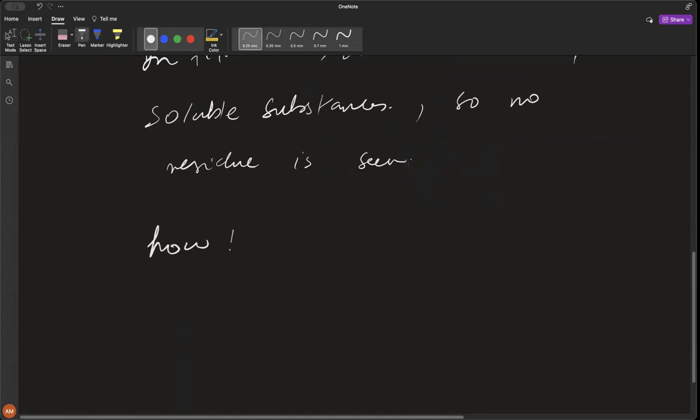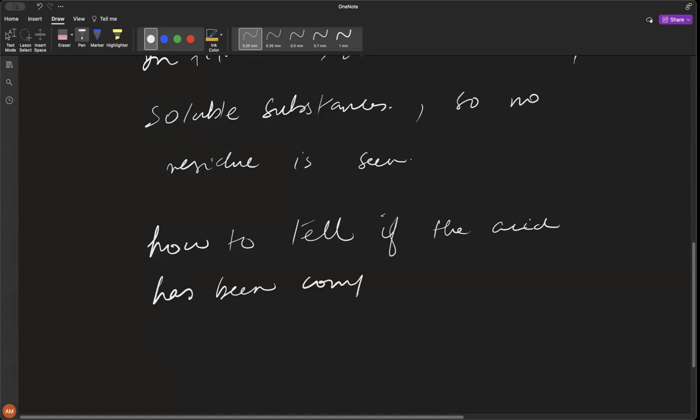Because if we do not make sure whether all of the acid has been used up, when we move to the process of crystallization, we are not going to get pure salt.